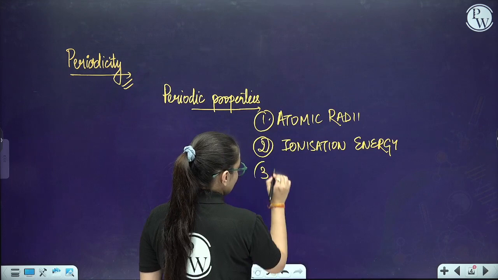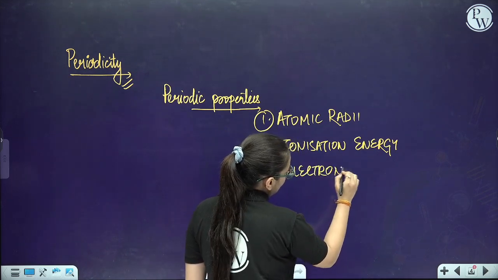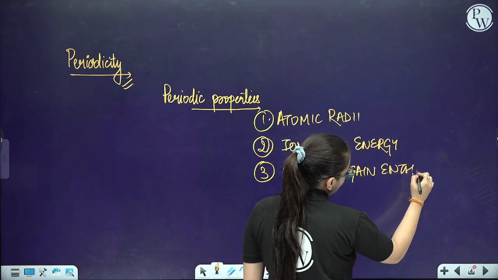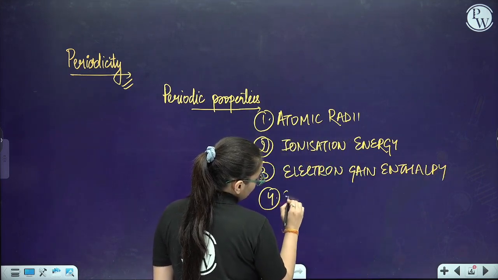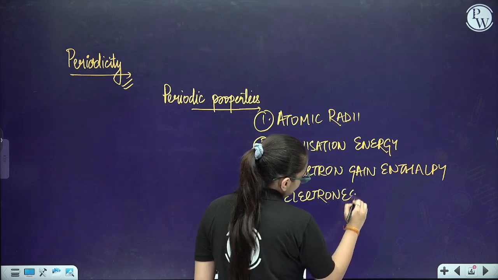The third one is electron gain enthalpy or electron affinity. And the fourth one that we are going to do is electronegativity.